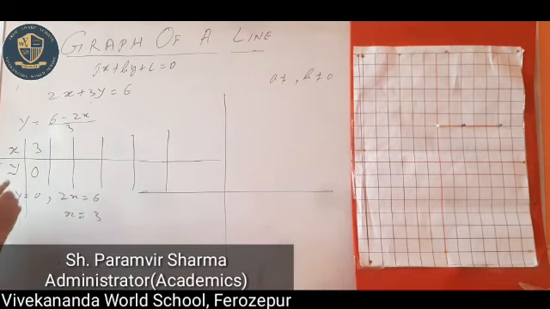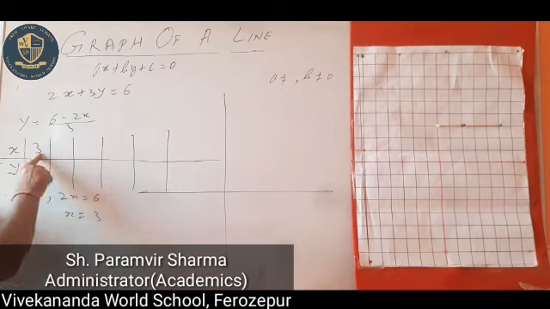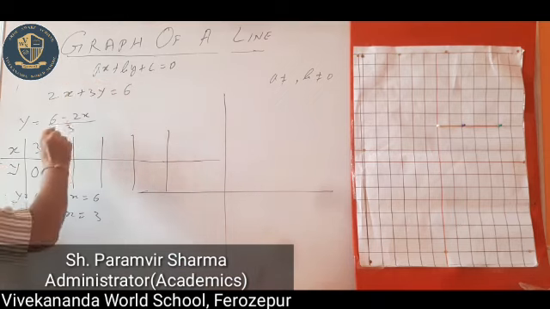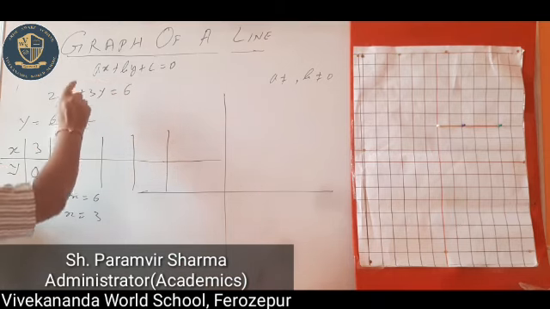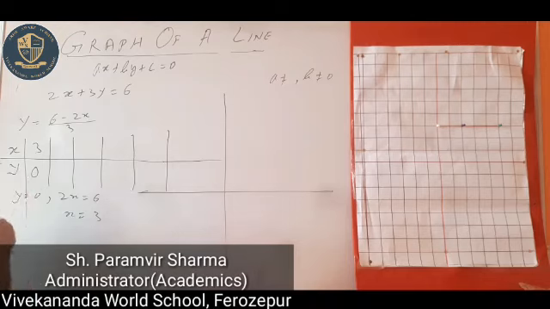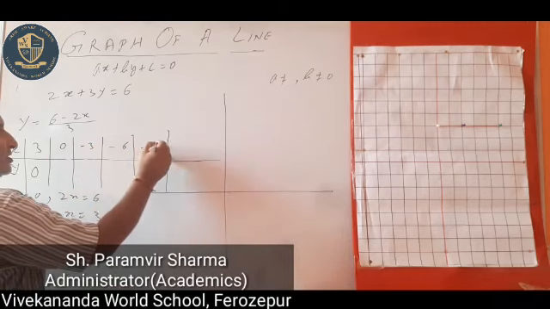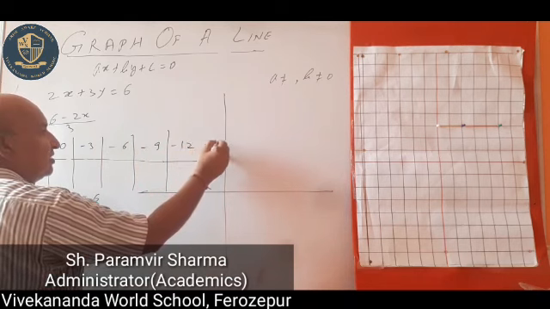What we have to do now, for finding more values of x, is go on subtracting the coefficient of y. From 3 we subtract 3, and we will be getting 0, -3, -6, -9, -12 and so on.